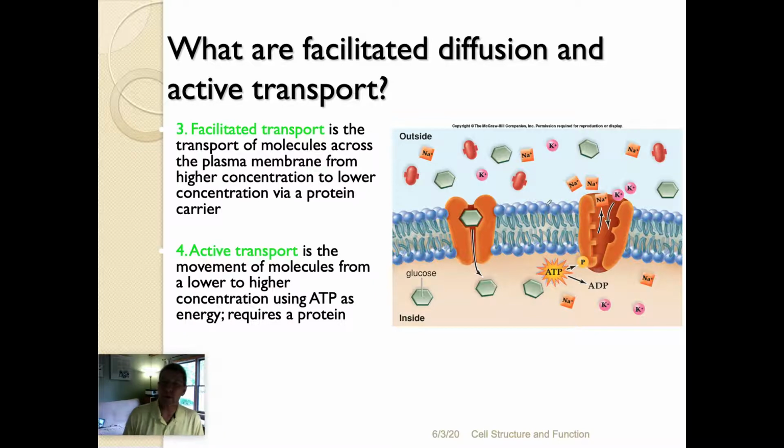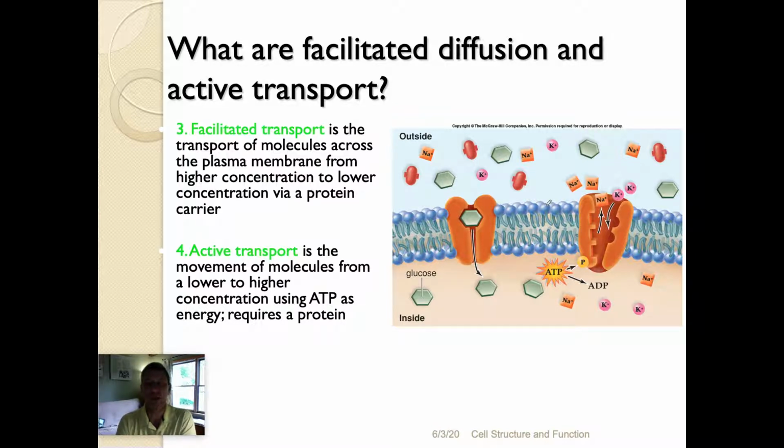Now, what do we do if there are molecules that we want to move across the cell membrane, but they're too big, or they have a charge and they can't diffuse through that phospholipid bilayer. Well, in that case, we can do one of two things. First, there's such a thing called facilitated transport, all right, which is sometimes referred to as passive transport.